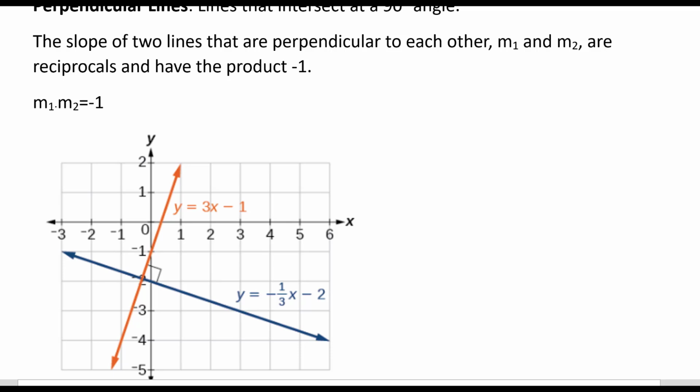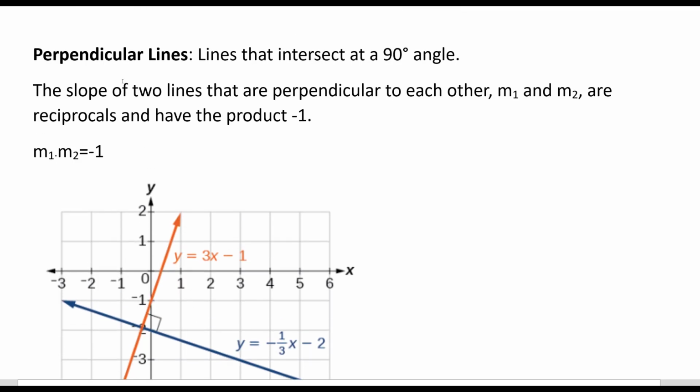Perpendicular lines, and I have a graph down here of that, are lines that intersect at a 90-degree angle, or a right angle. The slopes of two lines that are perpendicular to each other, M1 and M2, are negative reciprocals and have a product of -1.